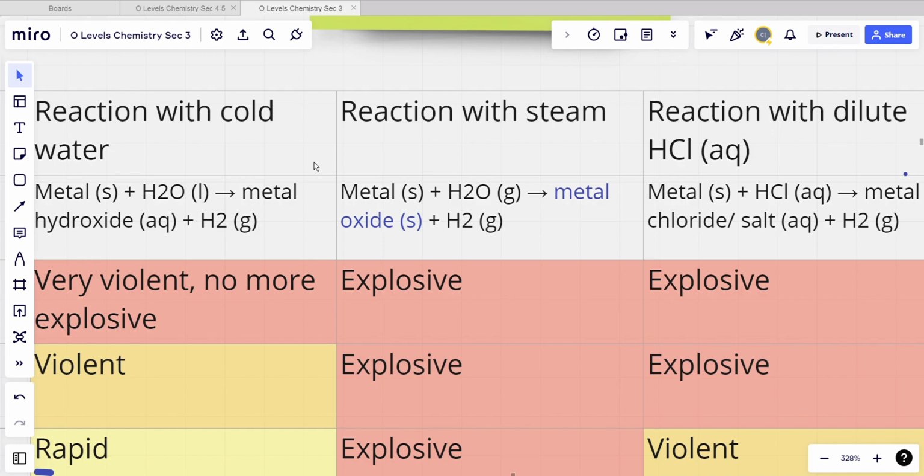Let me stress, for cold water you get hydroxide. And by the way, Kati, metal hydroxide is not a salt. Okay, hydroxide is not a salt. If you react with steam, you get oxide, not hydroxide.